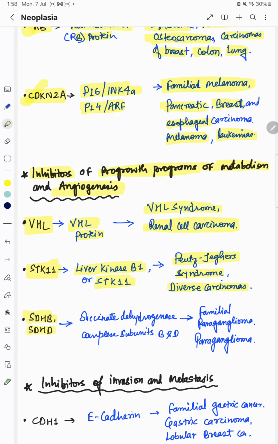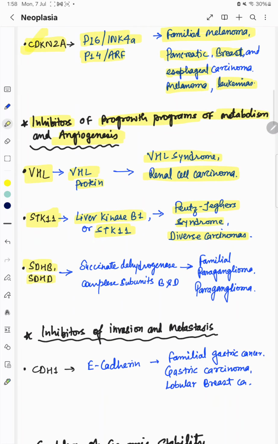Third gene of this category is SDHB and SDHD. This encodes succinate dehydrogenase complex subunits B and D. Mutation of these genes will result in familial paraganglioma or paraganglioma.